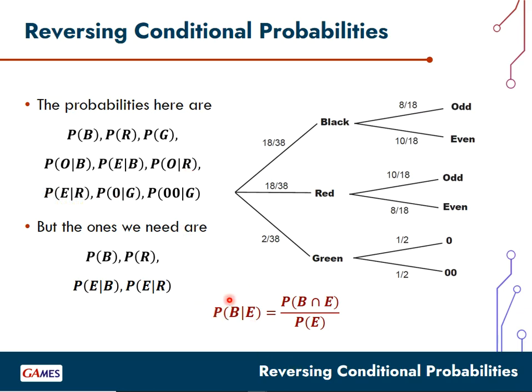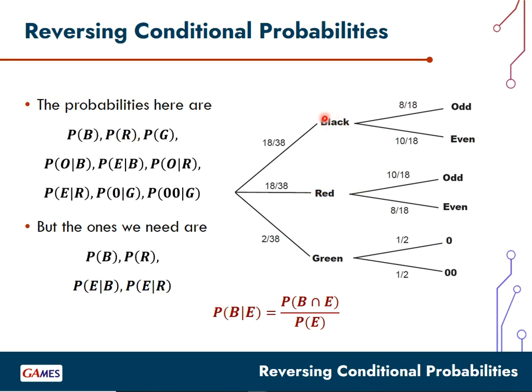Now, to get this reverse probability, P of B given E, we only need 4 out of all the probabilities we mentioned here. There are 9 probabilities here. Out of these 9, we only need 4 to arrive at this.